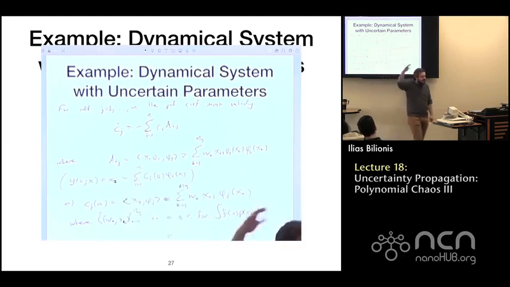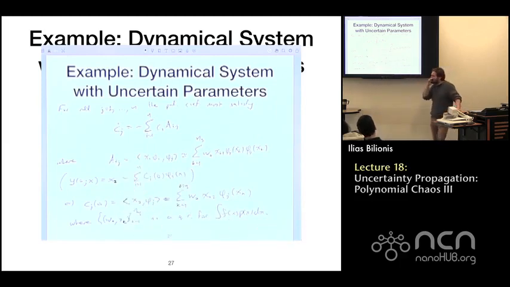Now, exactly the same thing you can do with another model. As we did it for a dynamical system, we're going to do it again once more, so don't worry about it. But you can also do it with a partial differential equation. You can take the solution of the partial differential equation, expand it in a polynomial basis, plug the expansion back in the differential equation, and then get a series of differential equations for the coefficients. Okay? And you can also plug it into anything you like and derive intrusive uncertainty propagation methods for your problem.